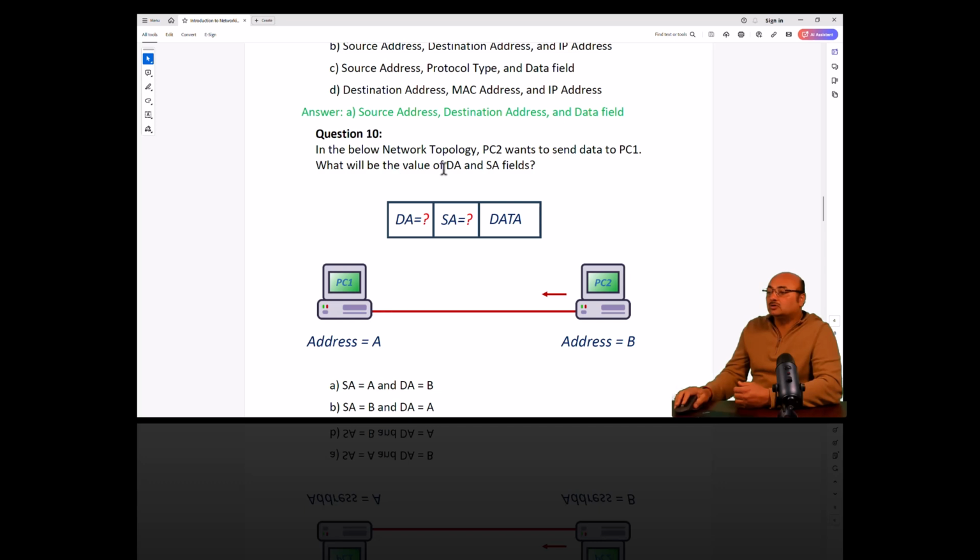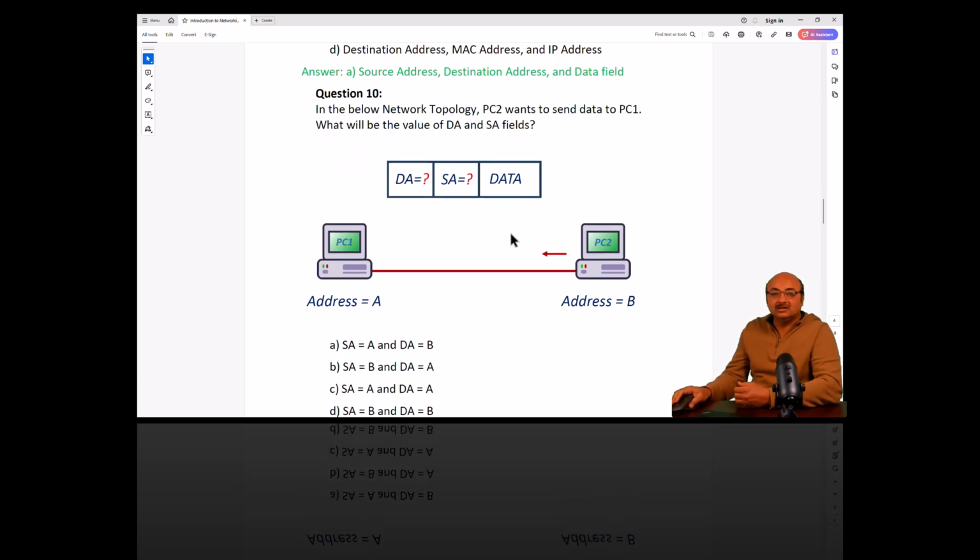In the below network topology, PC2 wants to send data to PC1. What will be the value of the DA and SA fields? Okay, first let's look at SA. Anyone who is sending out data is going to use its own MAC address as the SA, or SMAC.